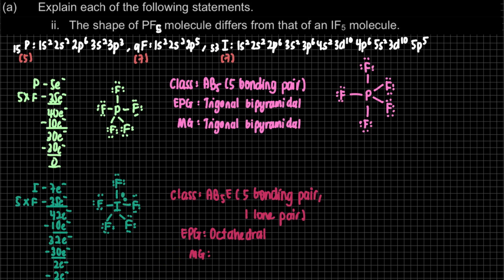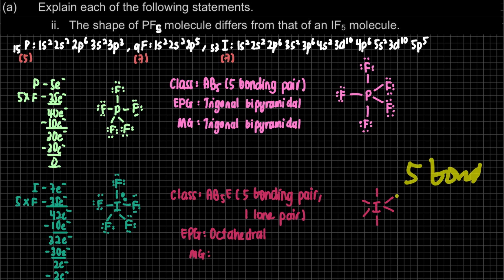Actually here, you draw the electron pair geometry first. So iodine is supposed to have 6 in total, these two. Okay, so for the 6, 1, 2, 3, 4, 5, 6. But again, based on the class itself, we can see there are 5 bonding pairs. So it means that I want only 5 bonds.